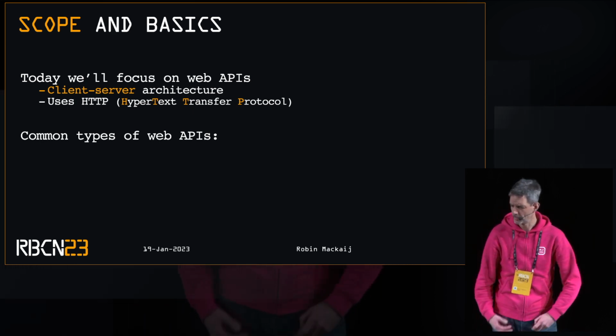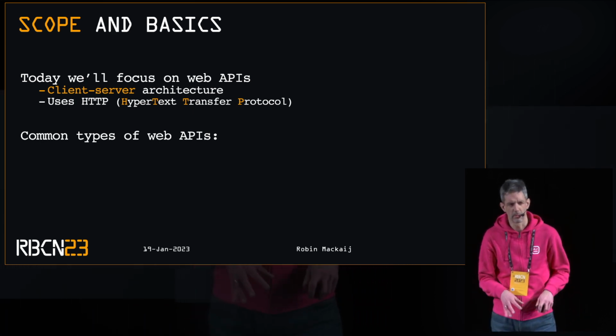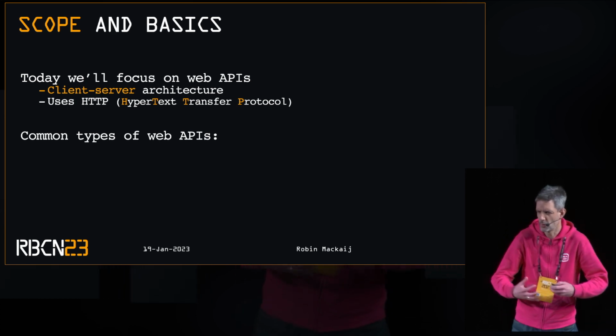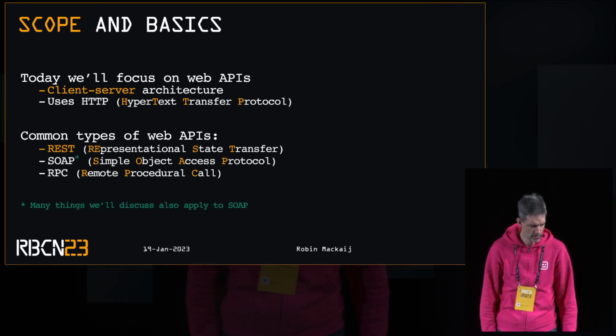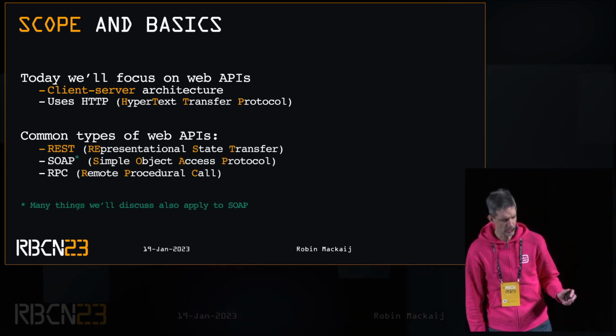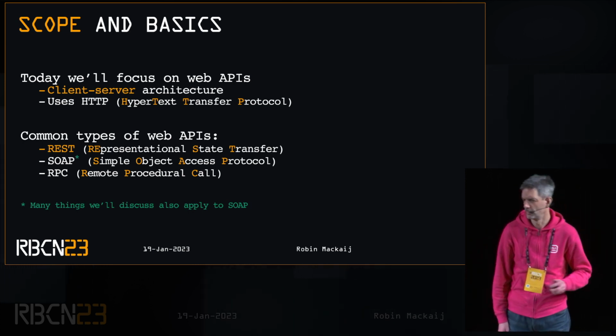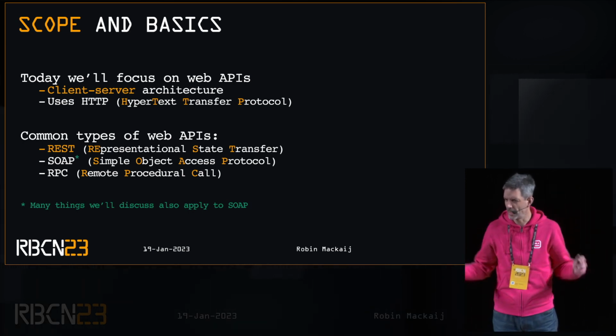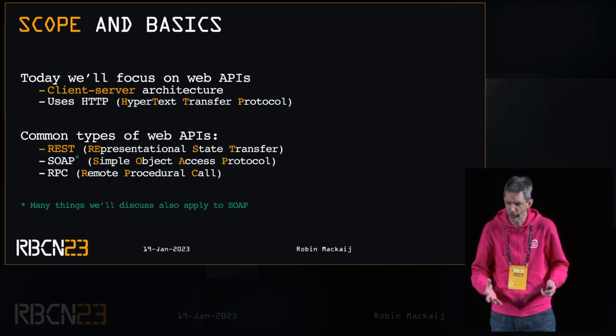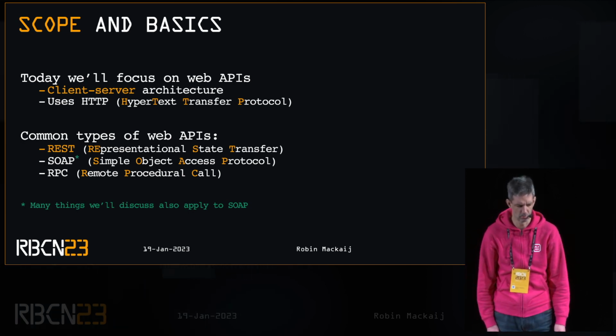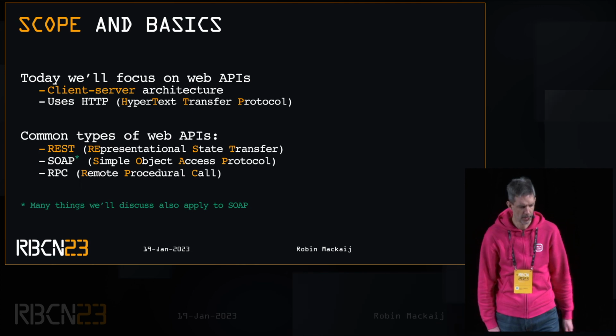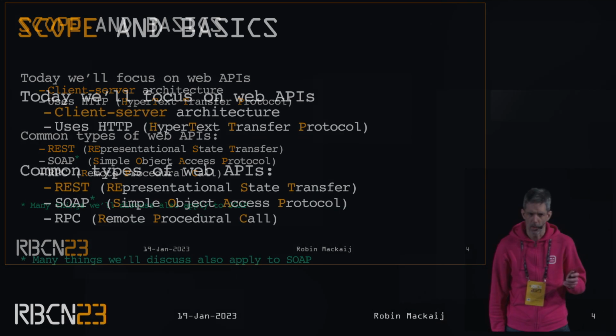Now, there are a few common types if you Google web APIs. So, what are we talking about? You see REST, SOAP, RPC. I think those are the main ones being mentioned. I'll be going into REST.